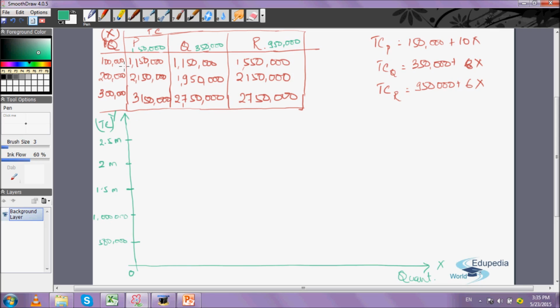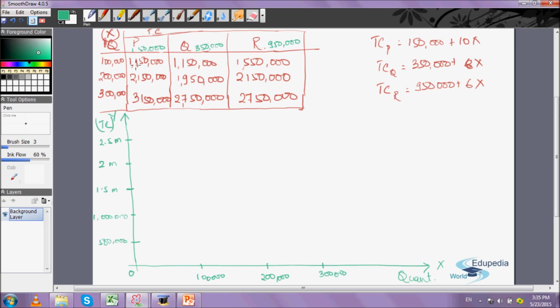On the x-axis, since we have got the values for 100,000, 200,000 and 300,000, let's put it that way, 0, and then 100,000, 200,000, 300,000.